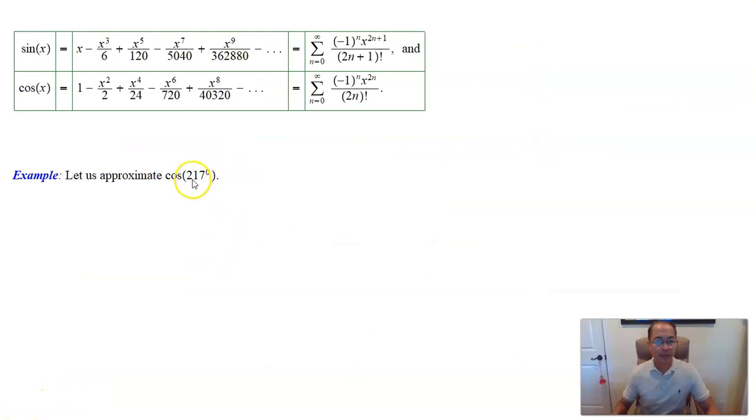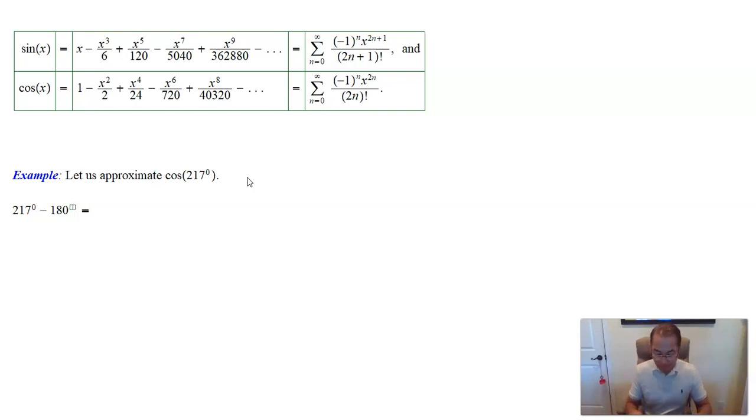Okay, so we want to approximate the cosine of 217 degrees. So 180 is to the left, and 217 is not far from 180. So if we subtract 180, 217 minus 180 degrees, we are going to get 37.